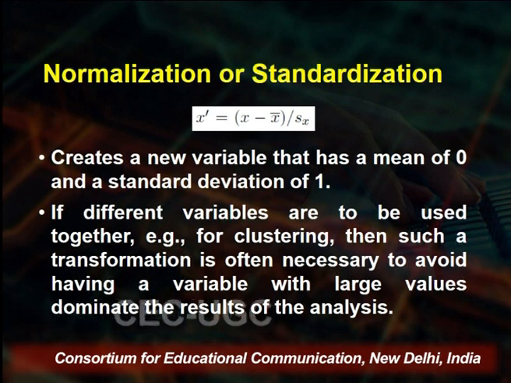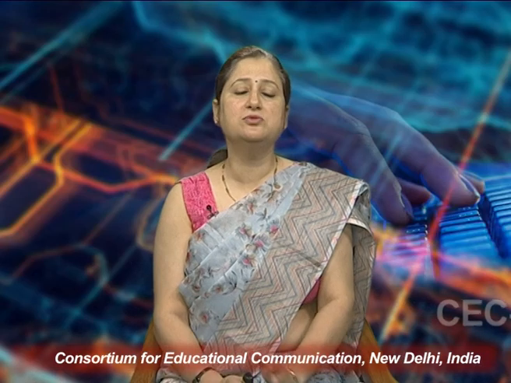If different variables are to be used together, like for clustering, then such a transformation is necessary to avoid having a variable with large values dominate the result of analysis, because we are trying to standardize. If some variable has extremely high values and another has extremely low values, we are trying to bring them at par by taking the mean and also using the standard deviation.